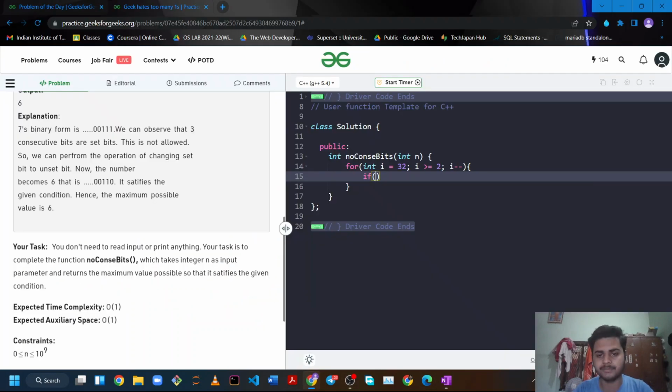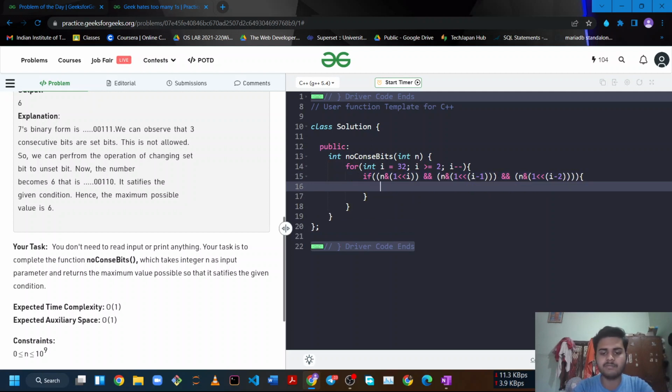So let's put it in. Here I check whether three consecutive bits are there or not. So how am I going to check that? I'm just going to check if n AND 1 shifted by i, and, please take care of the brackets, very important, and n AND 1 shifted by i minus 1, and n AND 1 shifted by i minus 2.